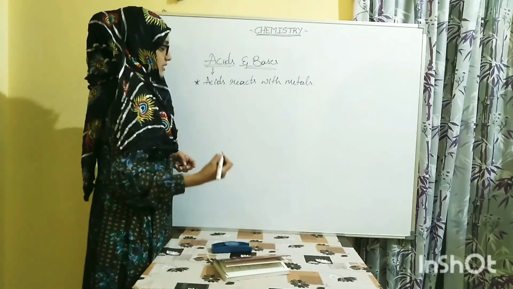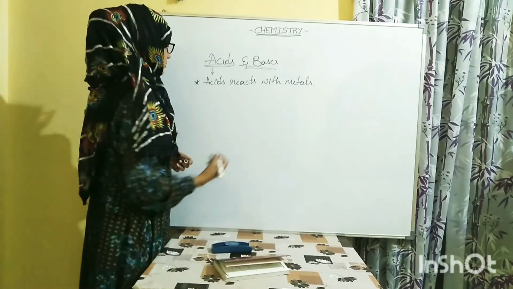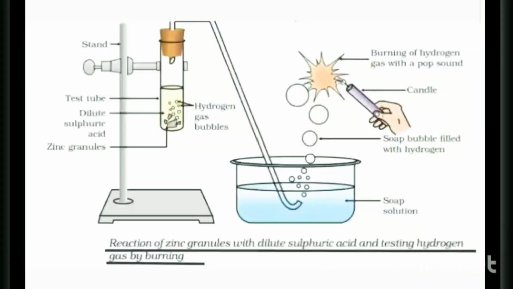So see this diagram carefully. This is a picture diagram of an experiment. Here you can see the reaction of zinc granules with dilute sulfuric acid. Here we have taken a test tube.